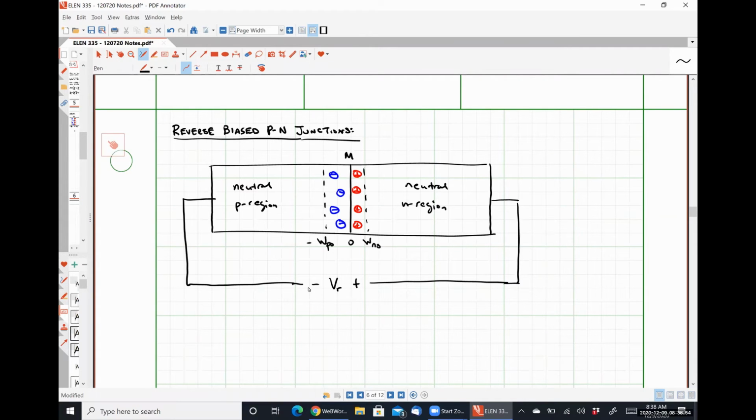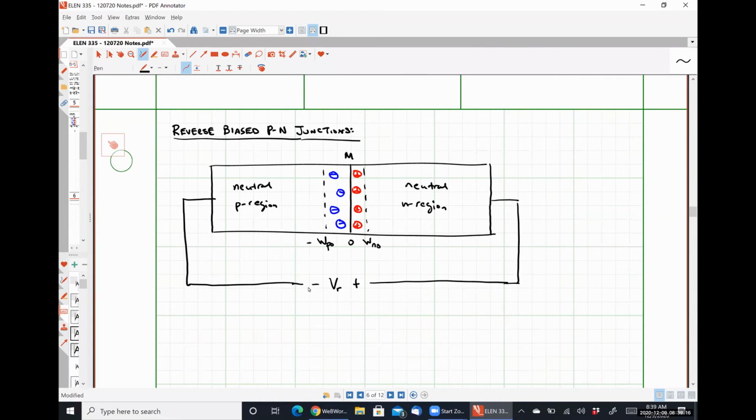It's going to go up, right? If there's more charge, then the magnitude of the electric field is going to go up, which means the magnitude of the barrier potential is going to go up, which means the probability of diffusion has gone way, way down. So we should see almost no current flowing through, okay?